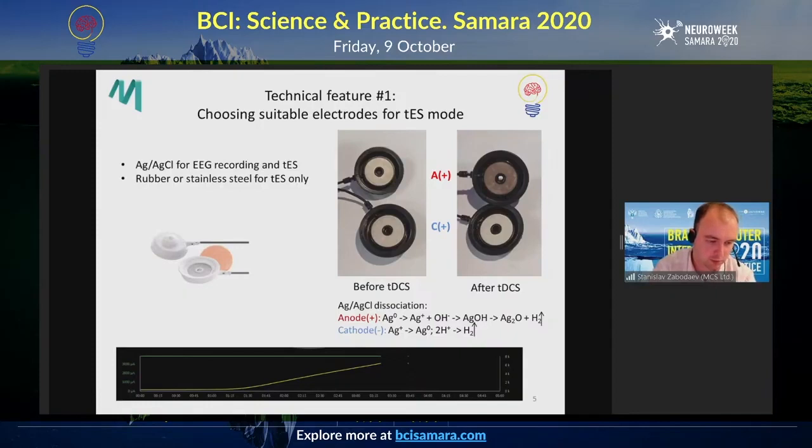Therefore, when they use 100 microampere stimulation with direct current, they noticed that the electrodes showed degradation after about 20 hours of stimulation. So they were quite long lasting.